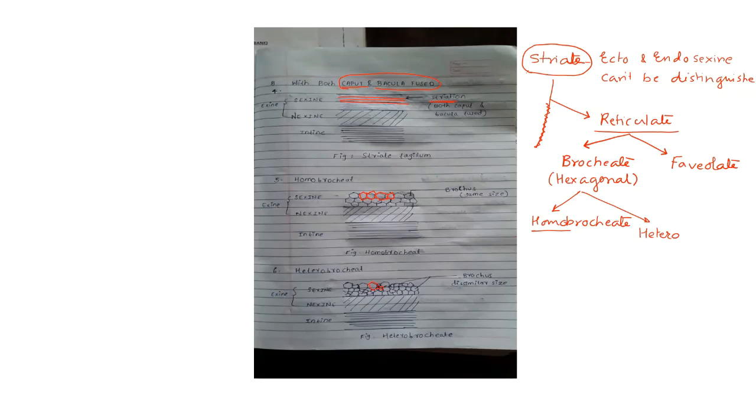So I repeat, reticulate is a type which is derived from striate, wherein all the pila uniting with each other are arranged in certain patterns which are usually hexagonal. And this results in several reticulum on the pollen surface that are commonly known as brochi. When all lumina are of uniform size, they are known as homobrochiate, and when they are of different sizes, it is called heterobrochiate.